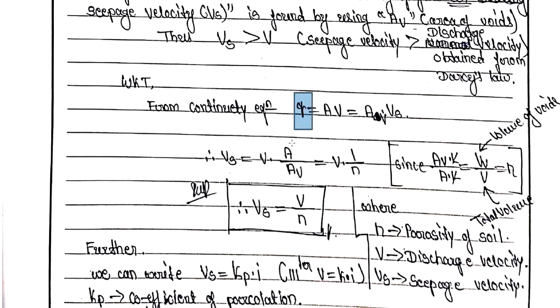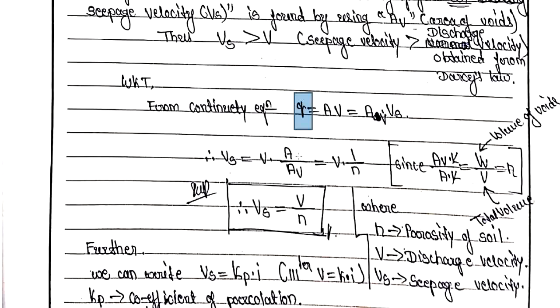I have not taken length over here. Area into length is going to give us volume. AV into length is going to give us the volume. So length on both the sides I have cancelled. So area I have kept as it is. So total area divided by area of voids, or else total volume divided by volume of voids, is nothing but inverse of porosity.